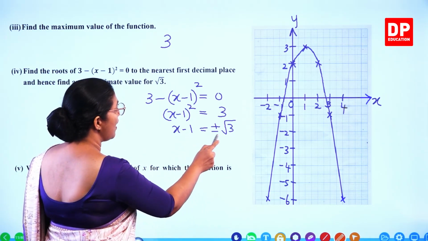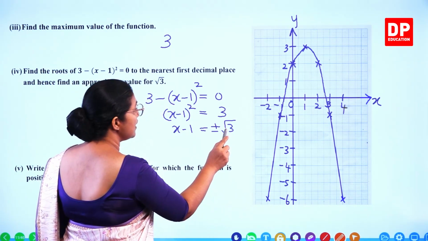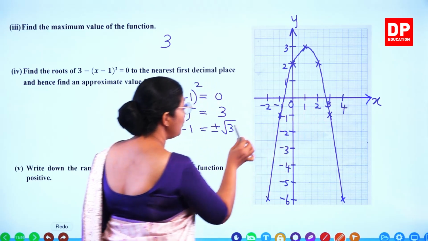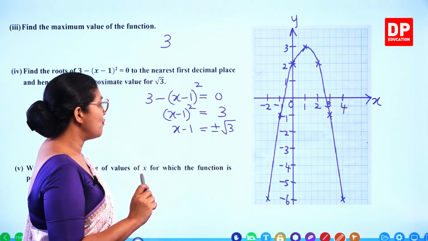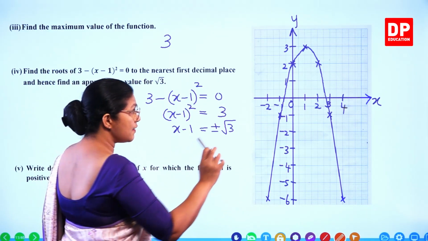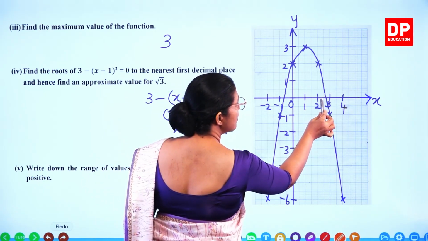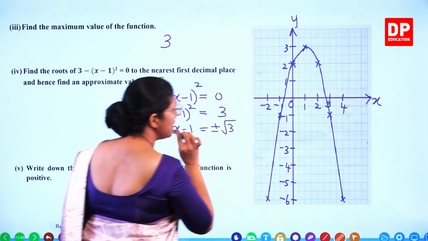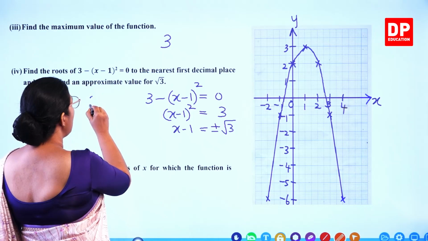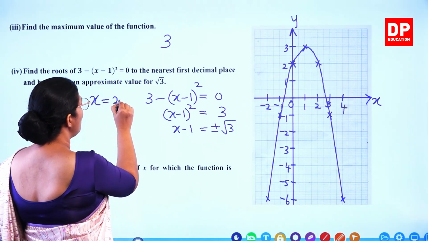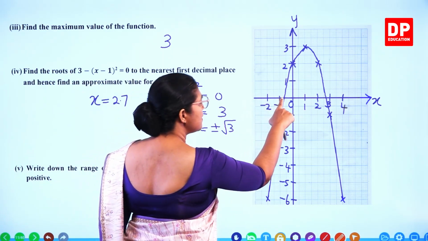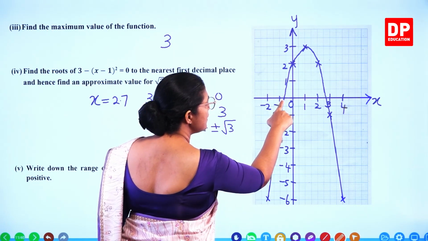So here what happens when x equals here positive value, you get the positive root value. So let's look at positive root value. So you get 2.7. So what are the values? You get x equals 2.7. Refer the negative value also, minus 0.7.